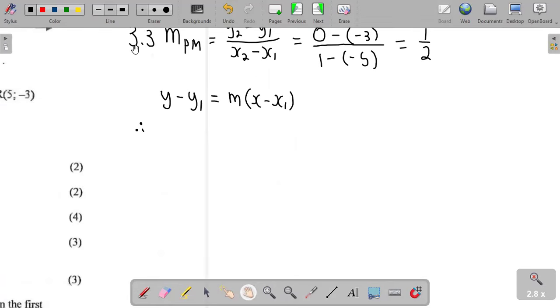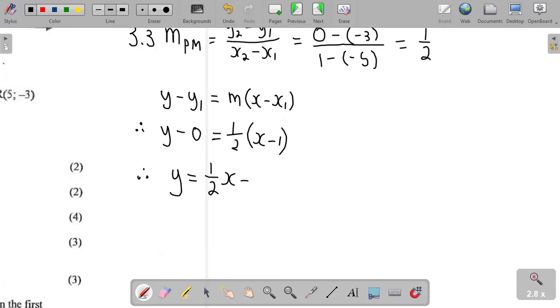So it's going to be y minus 0 equals to our m, we just found it here, 1/2, into x minus 1. So therefore, y equals 1/2 x minus 1/2.